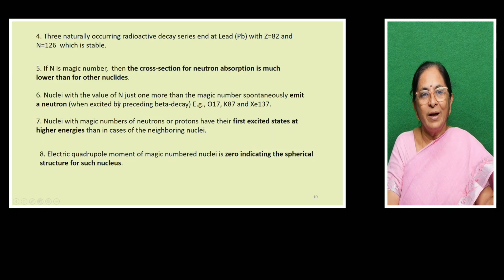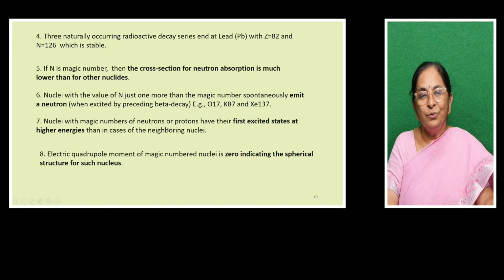And nuclei with a neutron number just one more than the magic number spontaneously emit a neutron. So you can see here oxygen has 8 protons and 9 neutrons, so just one above. So these elements naturally emit a neutron.